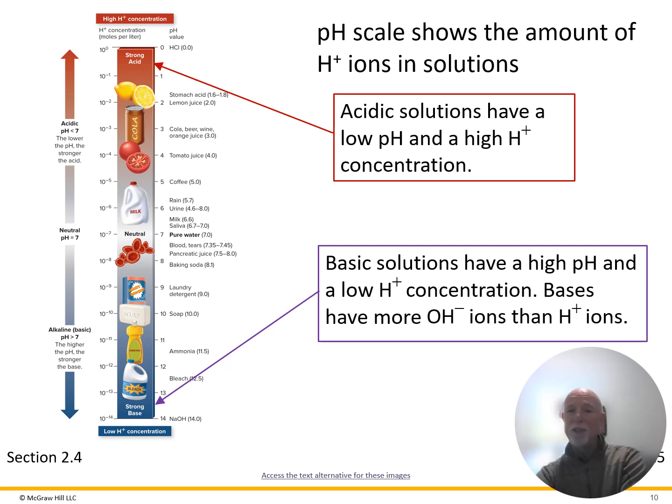It's lost its one and only electron. So it's simply a hydrogen nucleus, a proton, is all it is, one proton. So solutions that have high concentrations of hydrogen ions tend to be acidic. The more hydrogen ions they have, the stronger the acid.